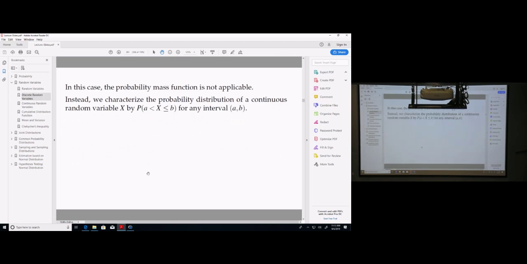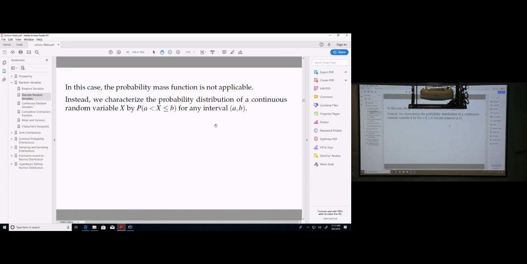So in this case, the probability mass function is not applicable. Instead, we characterize the probability distribution of a continuous random variable by this type of interval: strictly bigger than A, less than or equal to B, for any interval AB.